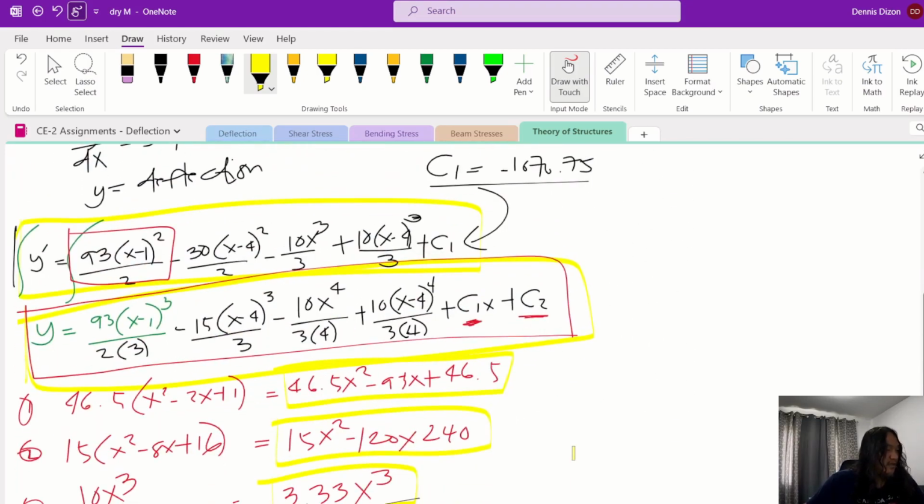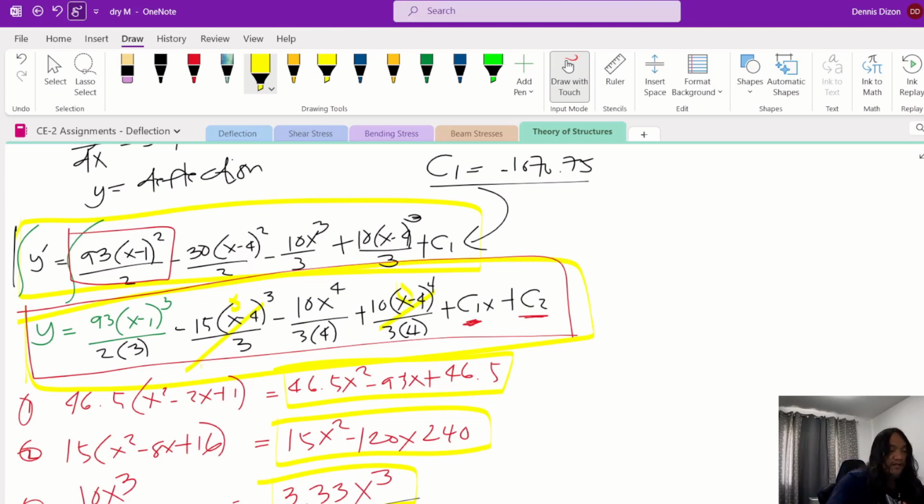This term here would yield a negative value because that is x minus 4, so 2.9954 minus 4 is negative, so that is 0. And this one here also, 2.9954 minus 4 is a negative value, so this is 0.